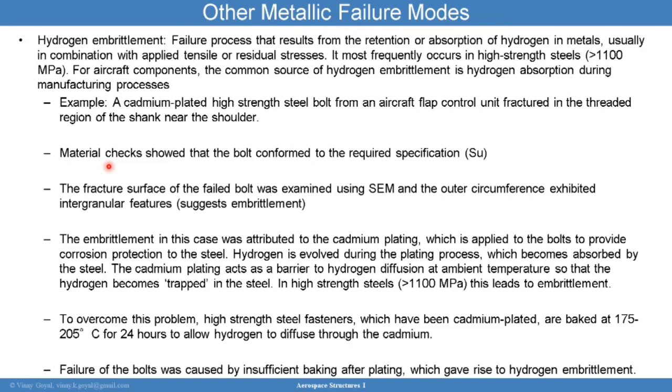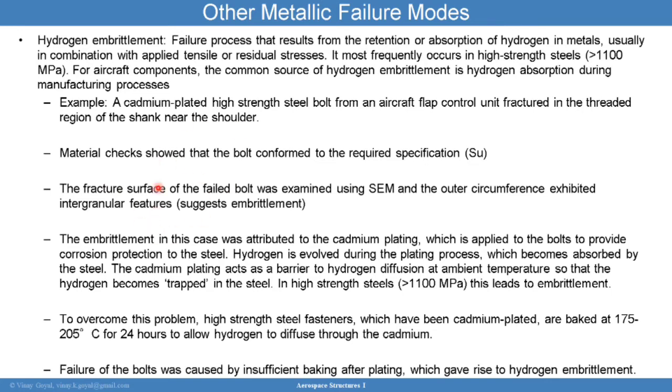There's no issues there. The fracture surface of the failed bolt was examined using SEM, which I already covered, but it's a way of looking at the fracture surface more carefully. And the outer circumference exhibited intergranular features, which suggested embrittlement. So anytime you see intergranular features, embrittlement comes to mind.